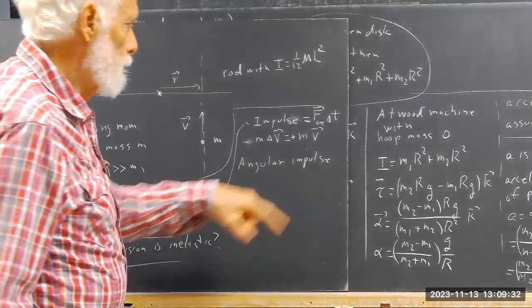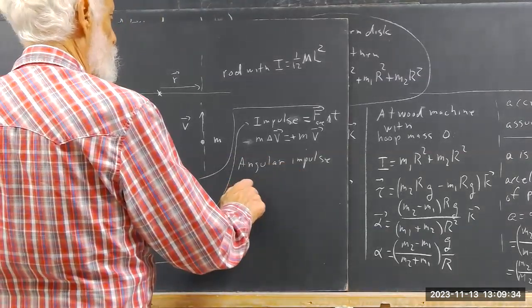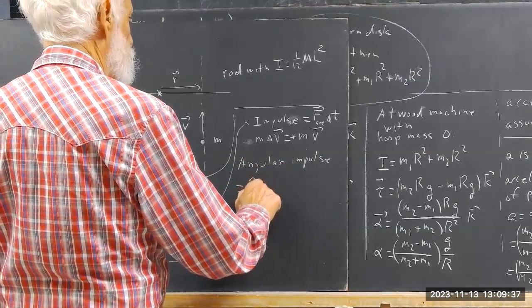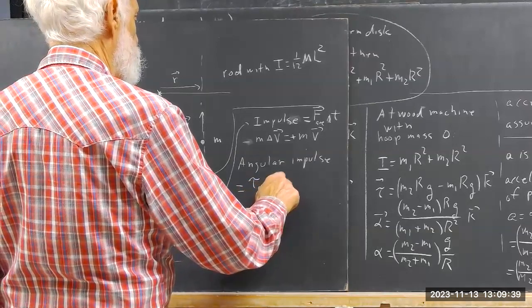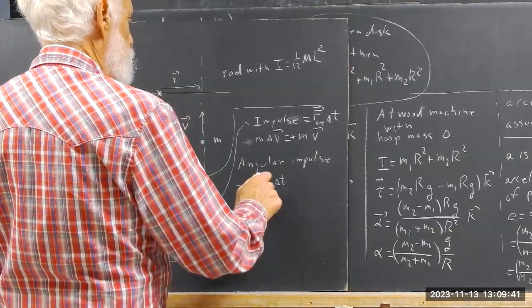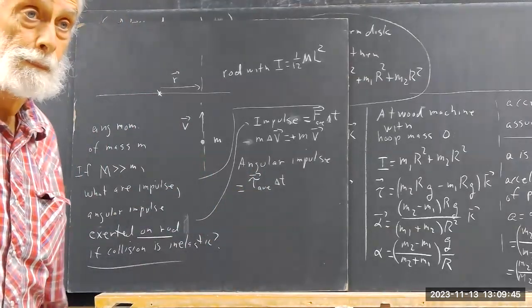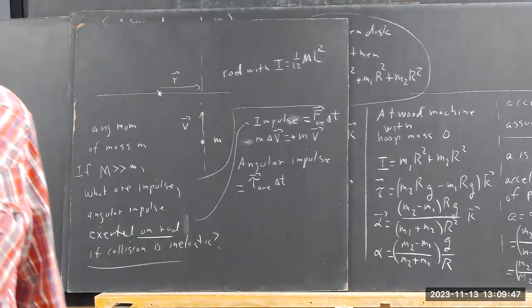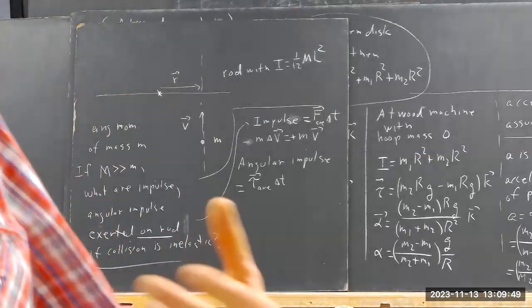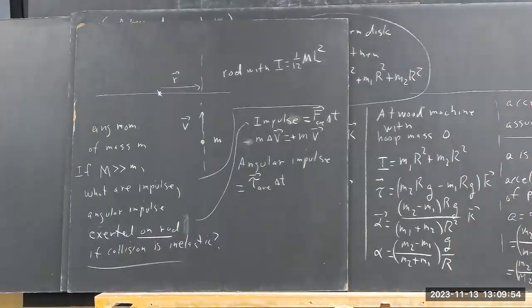So what's the angular impulse? Average torque times delta T. That's the definition of angular impulse. If you don't know the definition of impulse or angular impulse, review how we derive these things just from equations of motion, and preferably how that extends to the integrals.